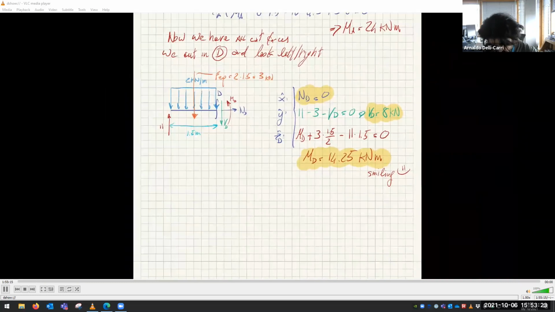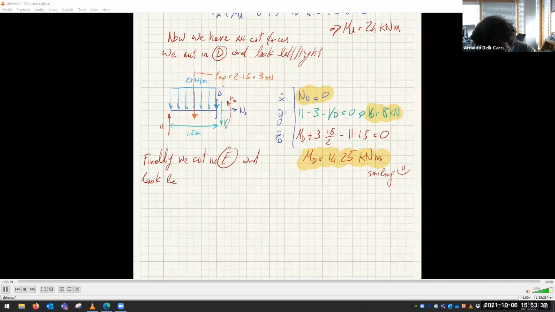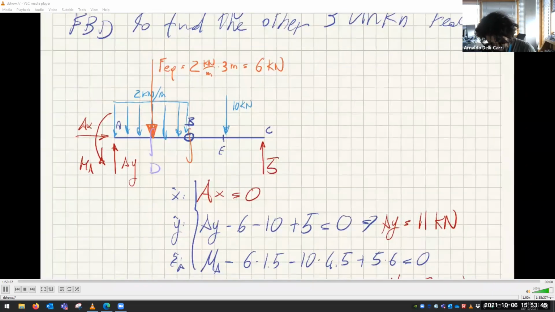And well, last thing is now we cut in E. Let's look right, which is easier. See, since E is on the left of the 10 kilonewton load, if I look right, I have to include the 10 kilonewton load as well.